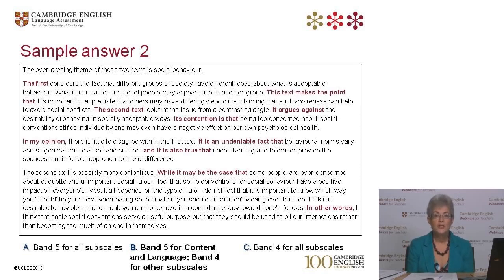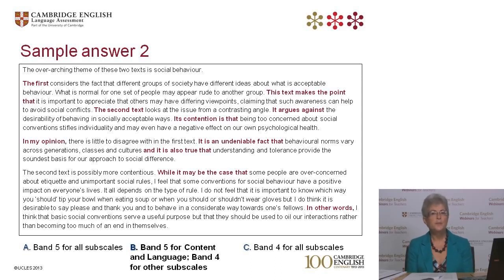And in terms of organisation, again referring to the assessment scale, the text is a well-organised, coherent whole, and it uses a wide variety of cohesive devices and organisational patterns, which you can see highlighted here. And this variety raises the organisation above a band 3.